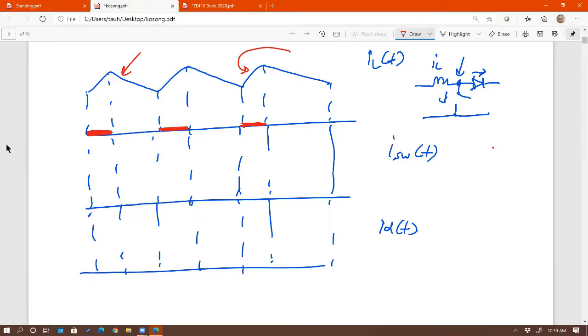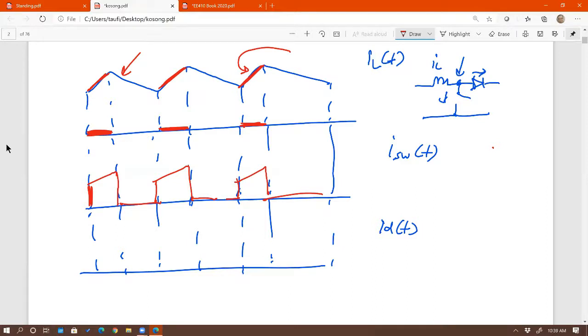So therefore, since the inductor current's charging slope goes into the switch, the switch current looks like this, right? Yeah, that makes sense because the current's not going through the diode at that point.